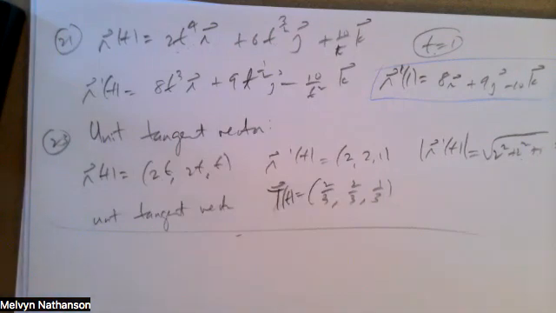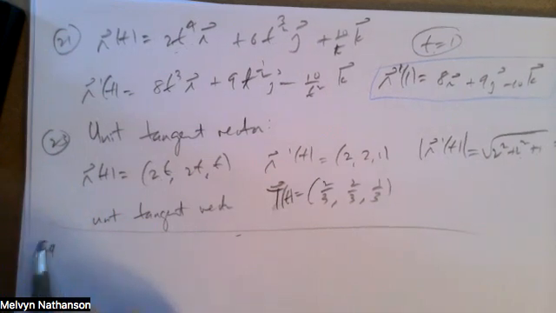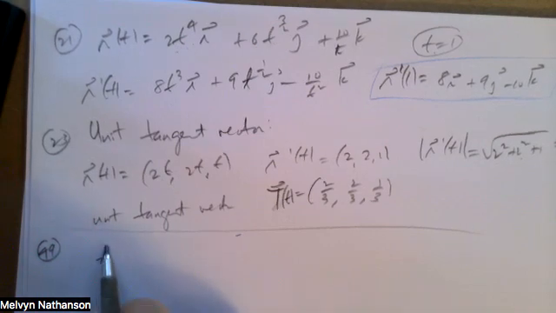Then some of the remaining problems in this section are to use the derivative formulas to calculate derivatives of vector valued functions. If we look at number 49, we have a dot product of two vector valued functions.